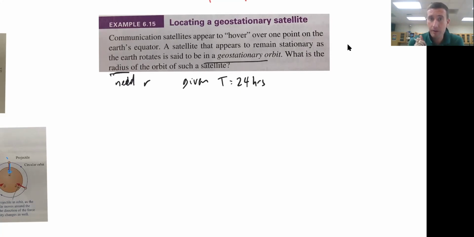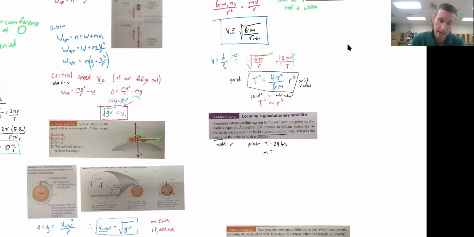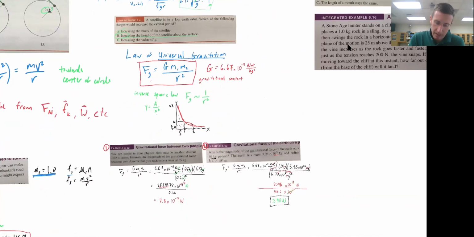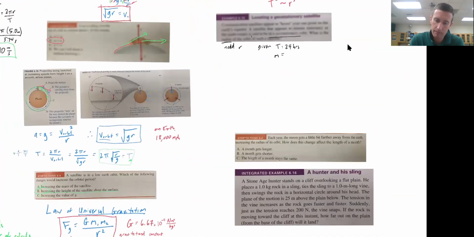I'm also given the mass of the Earth. I'm not given it, but I can remember it from a previous problem by looking it up. The mass of the Earth was 5.98 times 10 to the 24 kilograms.